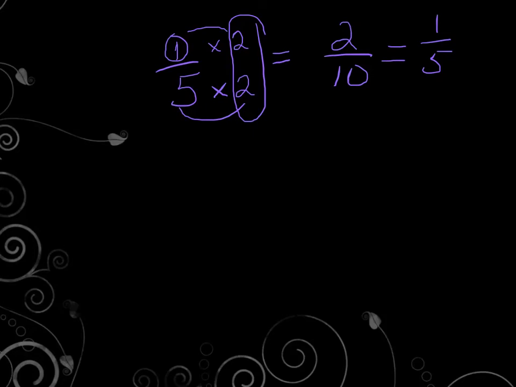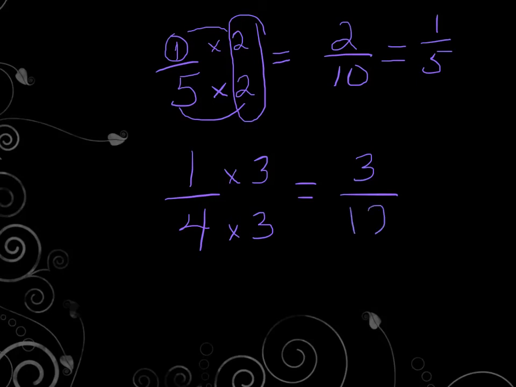Let's go over one like 1/4. And instead of times 2, let's do 3. Now remember, I have to do the numerator and denominator by the same number. So 1 times 3, 4 times 3, 3/12 is equal to 1/4. Those are the exact same fraction.